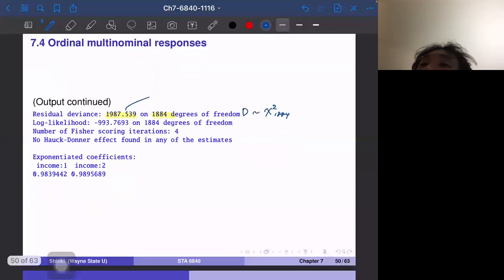So this is pretty good, because this deviance follows a chi-square distribution with this degrees of freedom, and this number is close to it. That means that probably our model is not rejected against the perfect model.